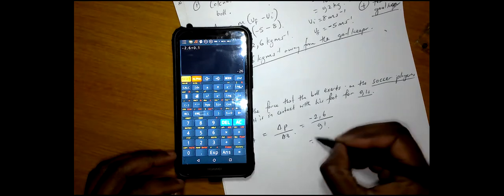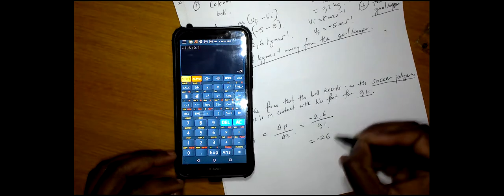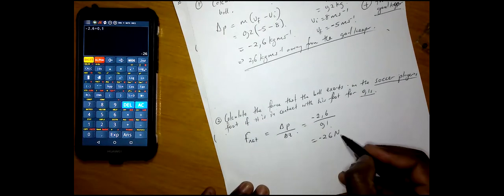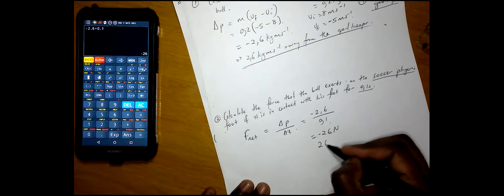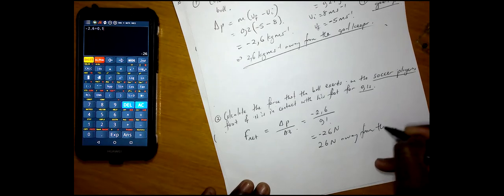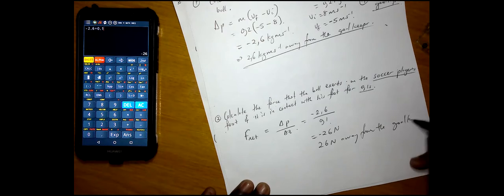What do we get? We get negative 26 Newton. Always remember your force is in Newton. What if it's negative? It means that it's 26 Newton away from the goalkeeper. Okay, so that's what you must master now.